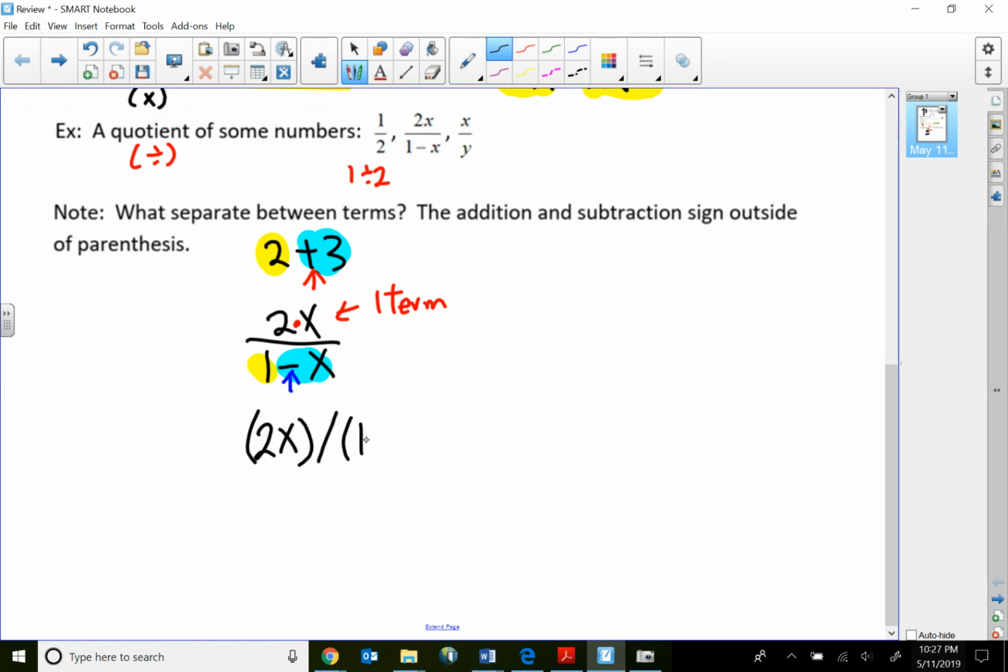So I have to put my 1 minus x in parentheses, because I need the calculator to read what I key in as one term.